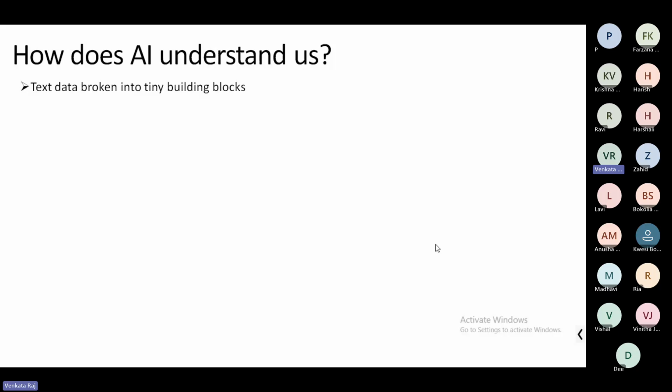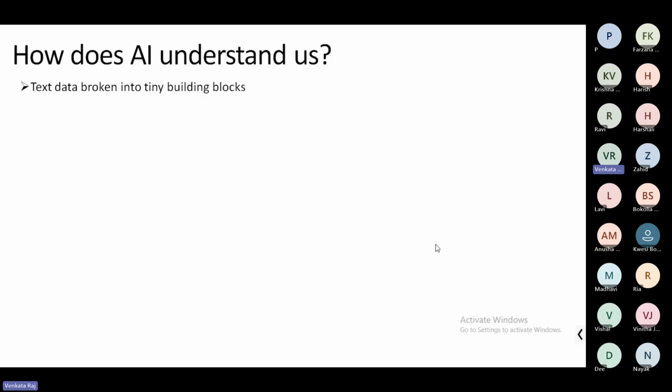Like the other day I was asking the AI model, who is the current captain of the Indian Test cricket team? Yes or no? So that is an input, or a question which I'm asking the AI model to get some answer. I gave that input in the form of text. So how does it understand us?